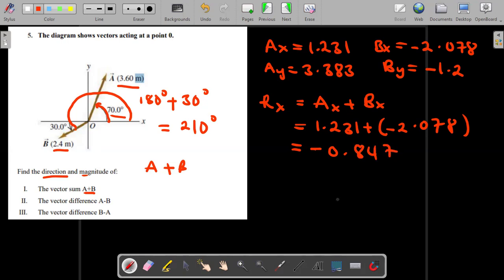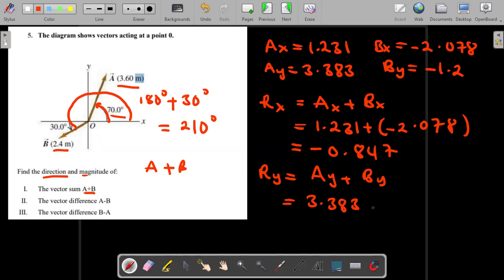0.847. So that's what I get. Okay, then I do the same now for RY. So RY is going to be RAY like this plus BY like that. So when I get that, then I'll say my AY is 3.383.